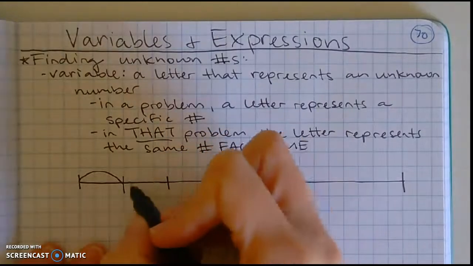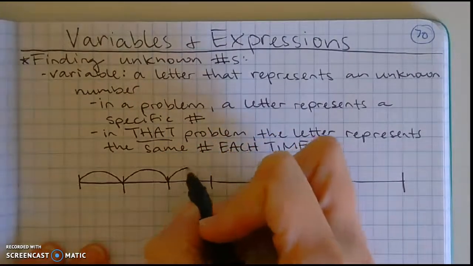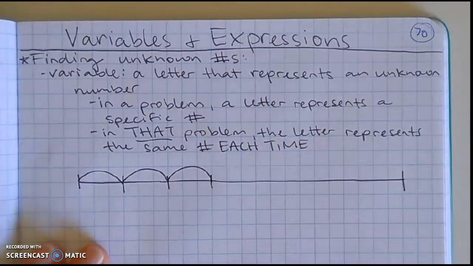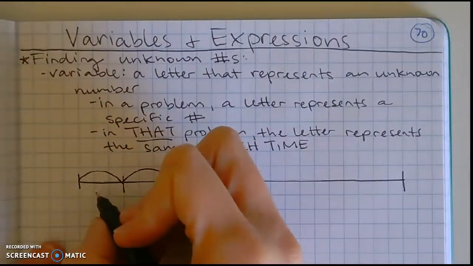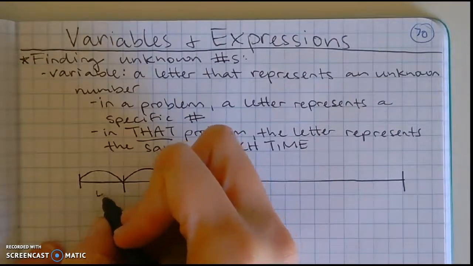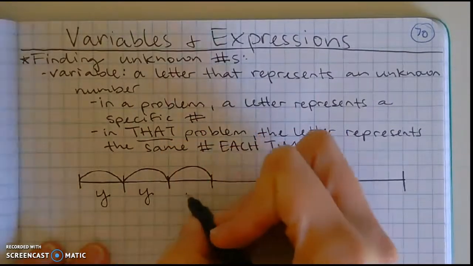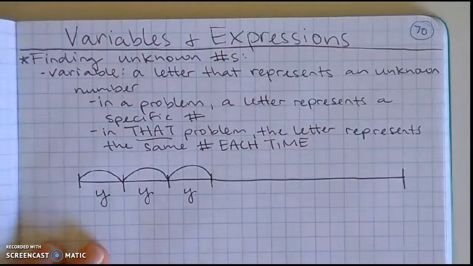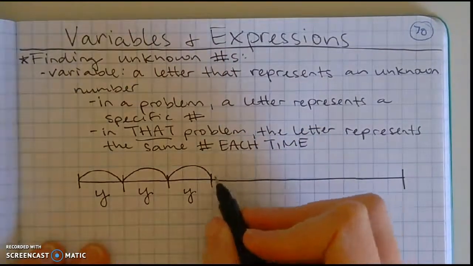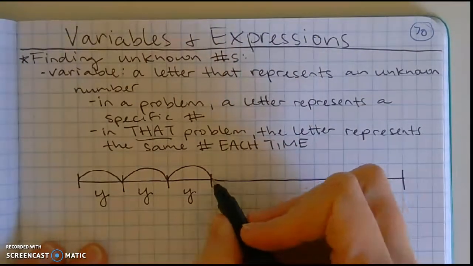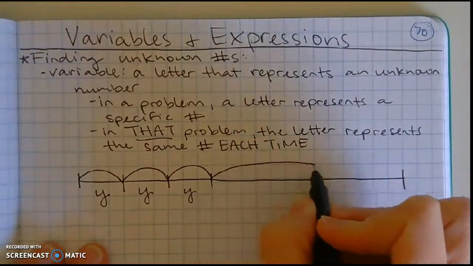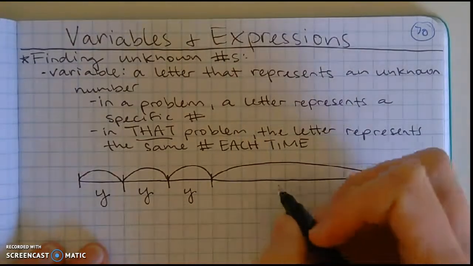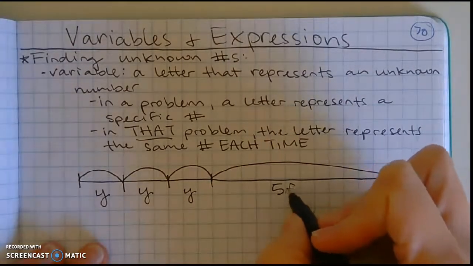So he made 3 hops and they were all the same length. But I don't know how long they are. I'm going to give them a variable because I haven't figured out how long those jumps were. So I'm going to call those y. Okay? But I know that this last part, because there was a marker, he jumped 5 feet. So that jump was 5 feet long.